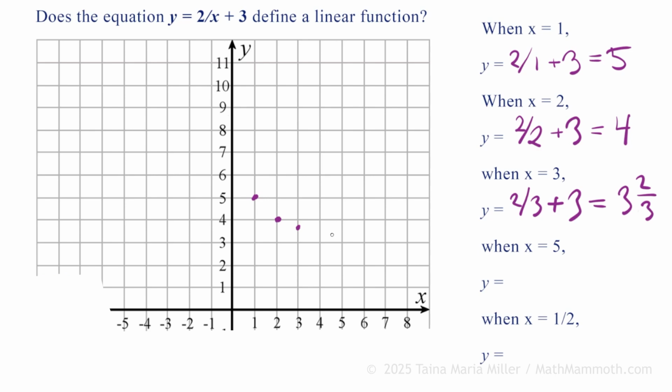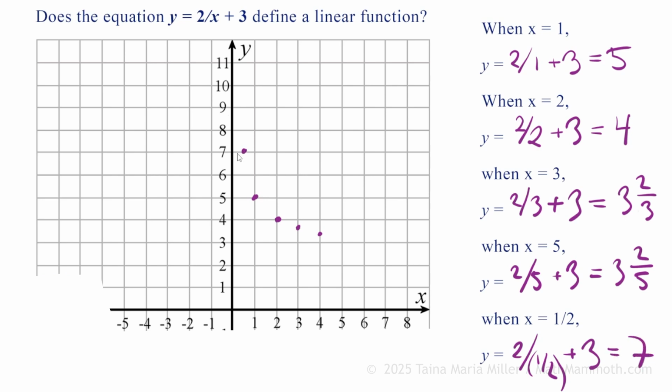Yeah, not the line. When x equals 5, then we get 2/5 plus 3, 3 and 2/5, just a little bit less than half. And then when x is 1/2, 2 over 1/2, okay, 1/2 goes into 2 4 times, so this is 7. Like that. So not a linear function.